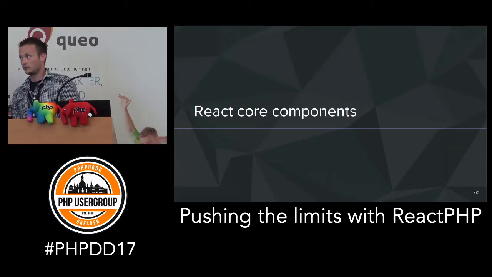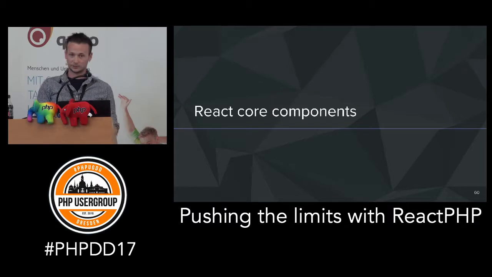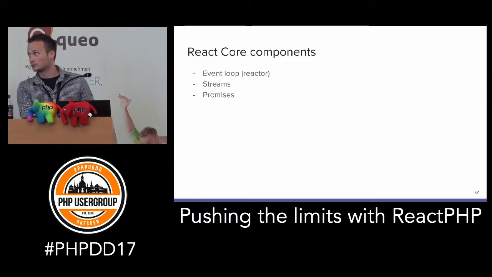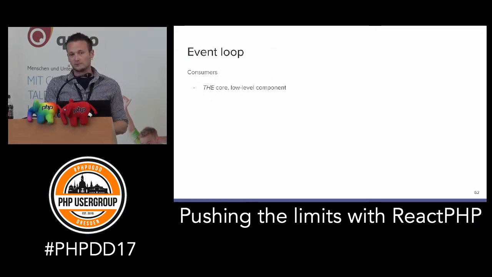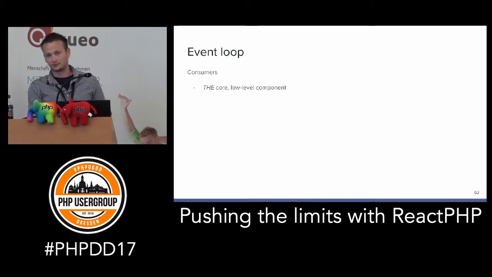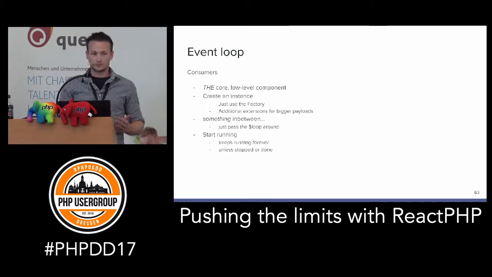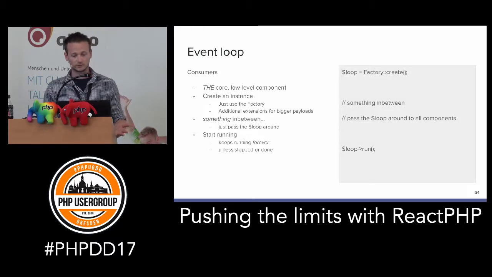So let's look into the 3 core components of ReactPHP. And this is going to be really quick, because I only want to give you the basic idea. There's essentially the event loop, which is the core low-level component. And the basic idea is, as a consumer, you don't care about it. You create it once, you pass it around, and you start it once. That's it. And in code, it looks pretty much like this.